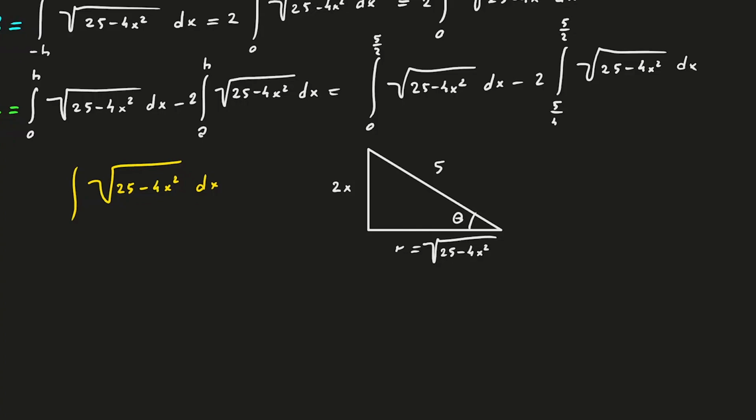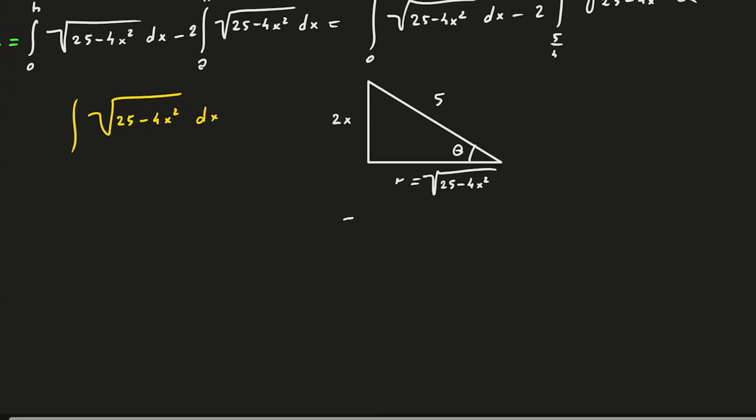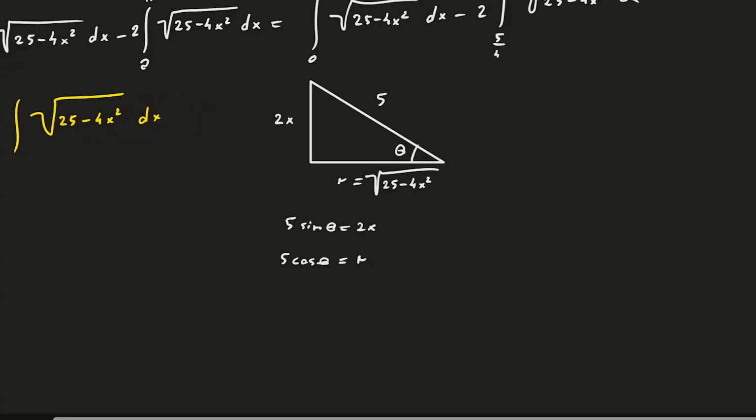And if this angle is theta, we know that 5 times sine theta equals 2x, and 5 times cosine theta equals r.